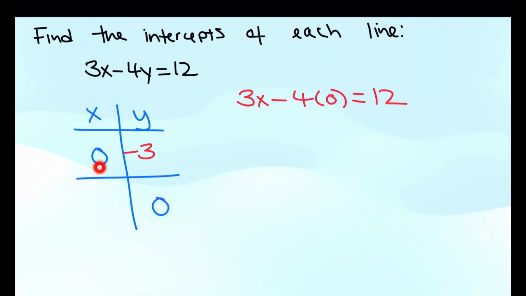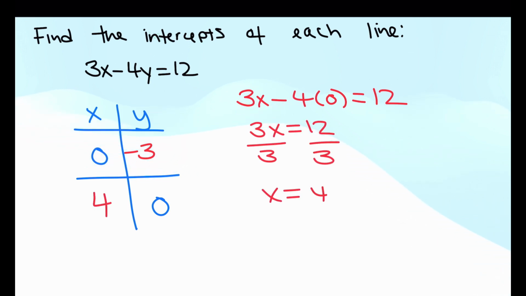Our y-intercept is the point (0, -3). To find the x-intercept, I plug in 0 for y. So now I've got 3x minus 0 equals 12. So 3x is 12, divide by 3, x is 4. We solve for x, so that's our x-intercept.